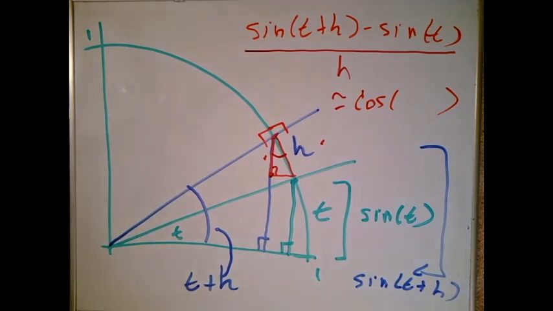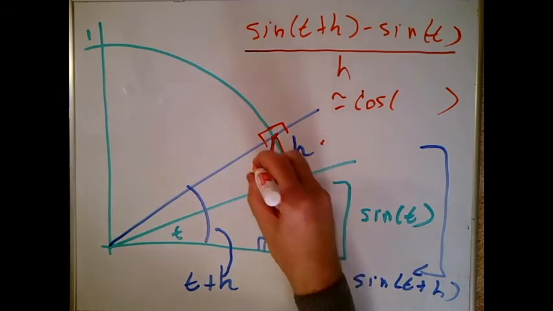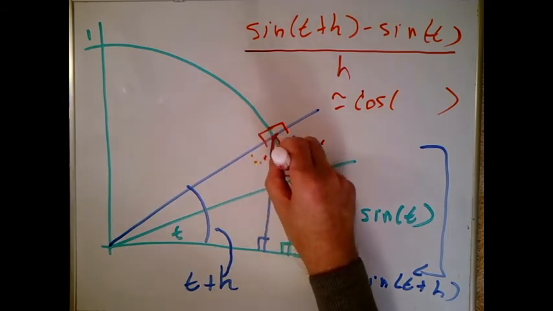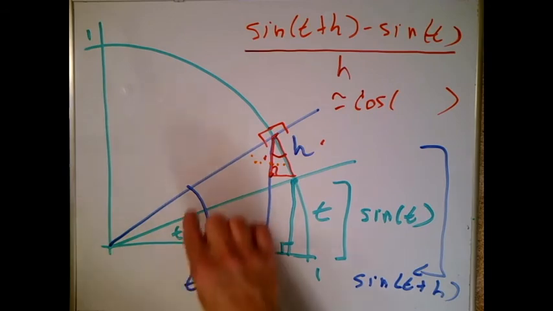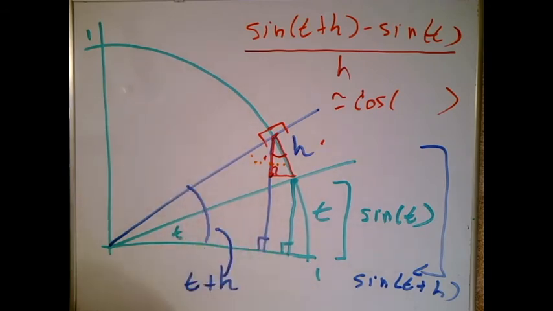Running out of colors here. That's going to make, oh boy, this one a 90-degree angle. Now, so what? Well, here we go. Ready? I guess I want blue. This angle is t plus h.